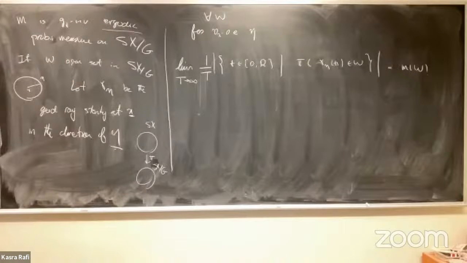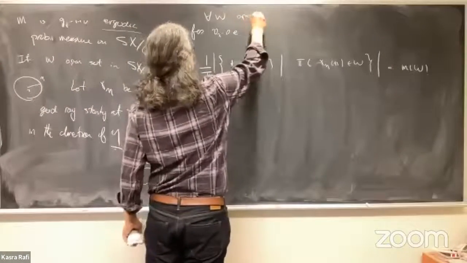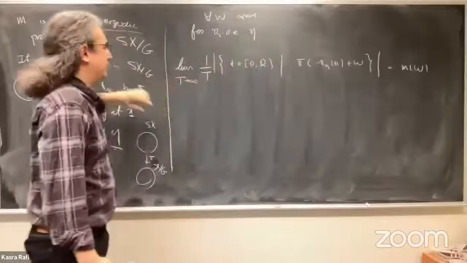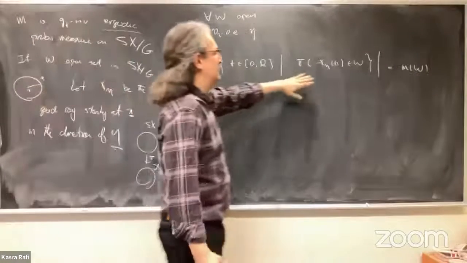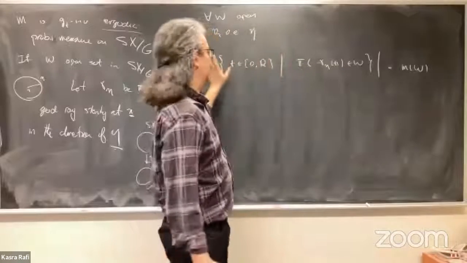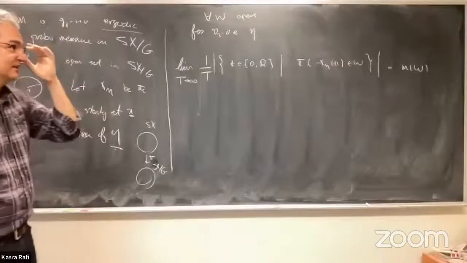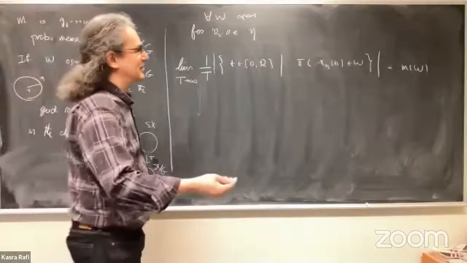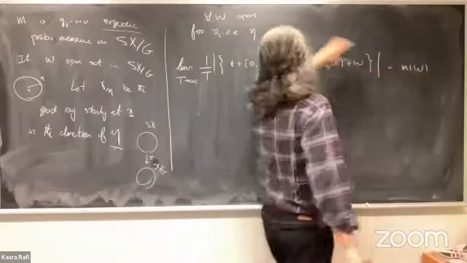Okay, so I'm sorry to go back and forth, but let me say the sense again. For any open set W, and for almost every direction eta, if I pick the geodesic in the direction eta and flow it forward and look at the proportion of the time that it spends in a particular set W, the limit exists and is equal to the measure of W. Okay, so it spends a linear amount of time in here, and the point is, this is independent of eta.